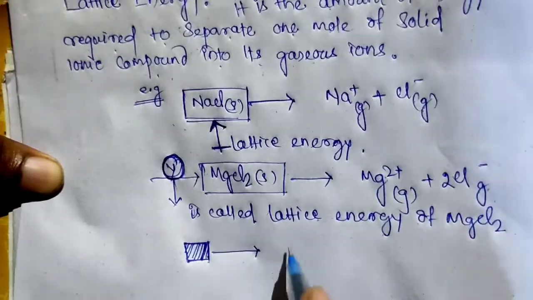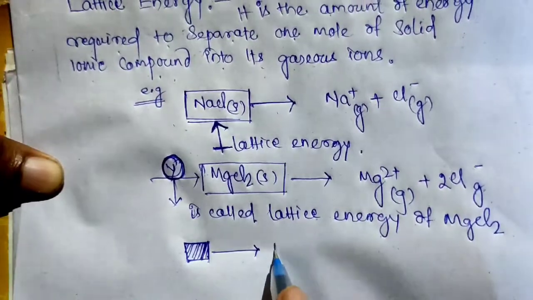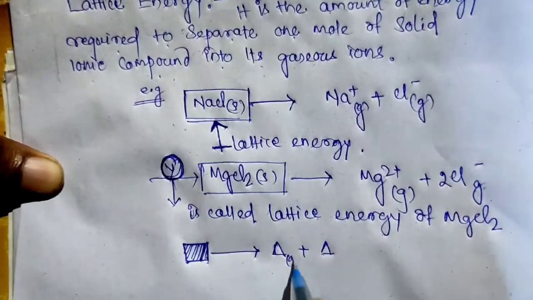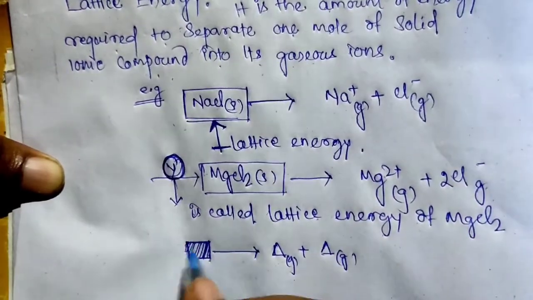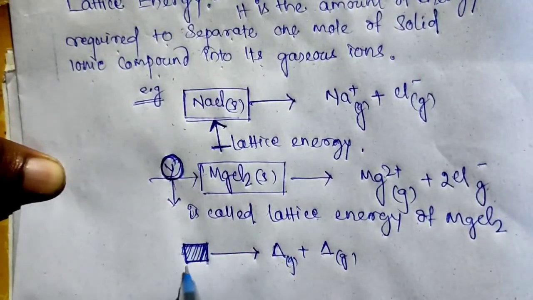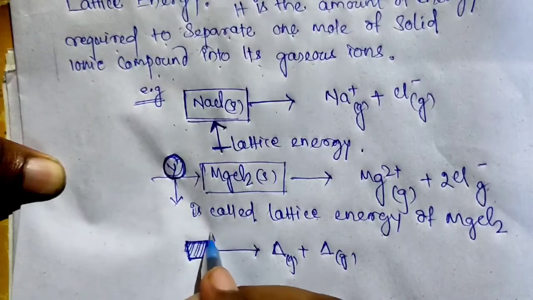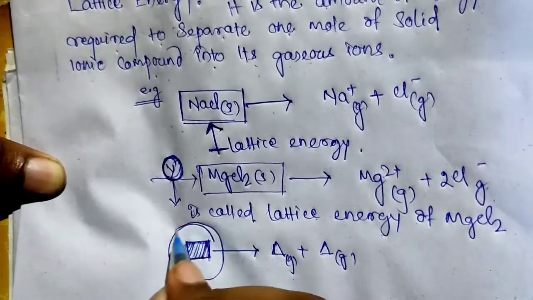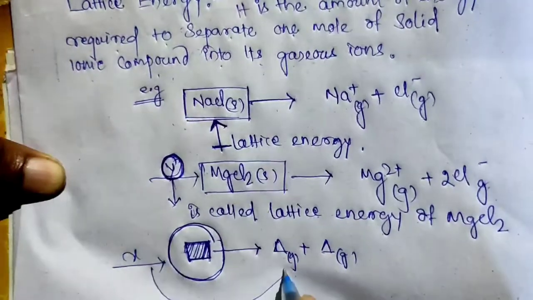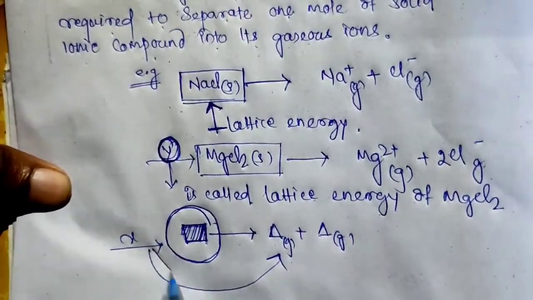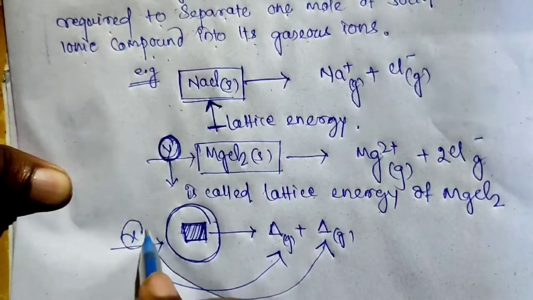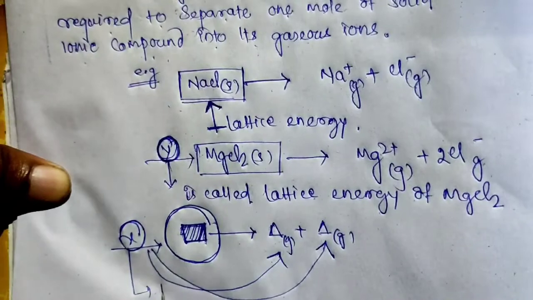Okay, so we may conclude that if any ionic compound breaks into gaseous ions, and if it absorbs X amount of energy to form these gaseous ions, then the X amount of energy is called lattice energy.